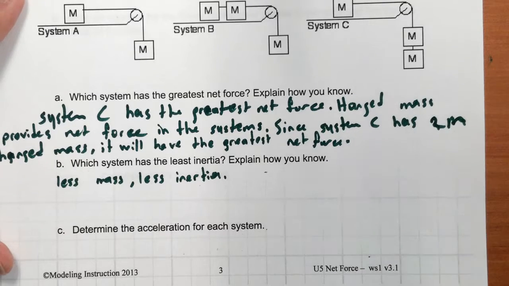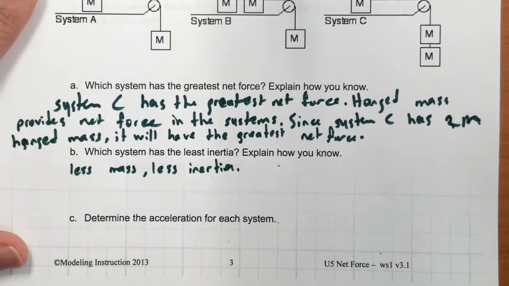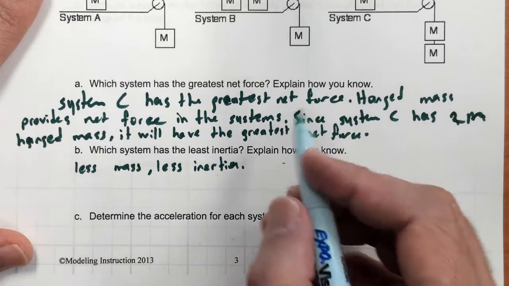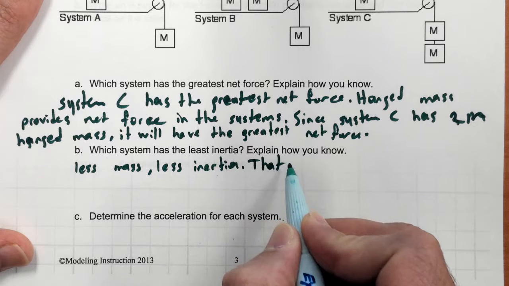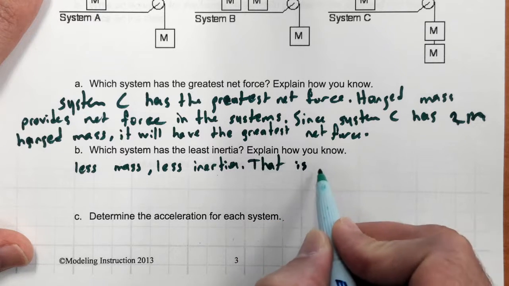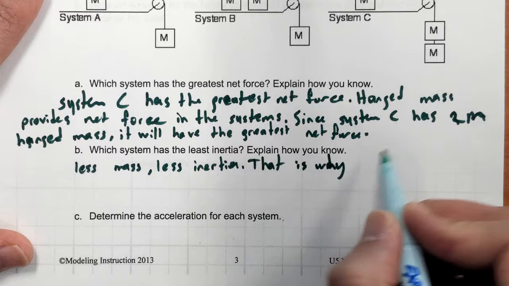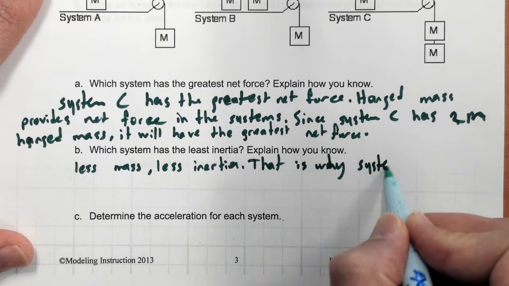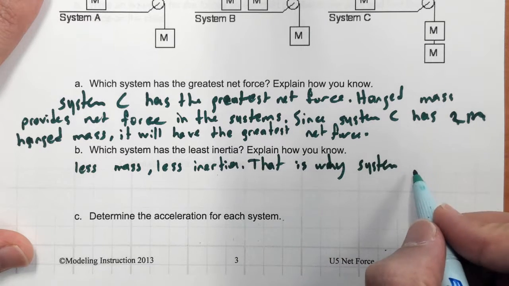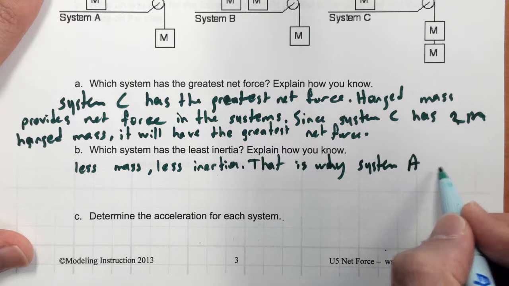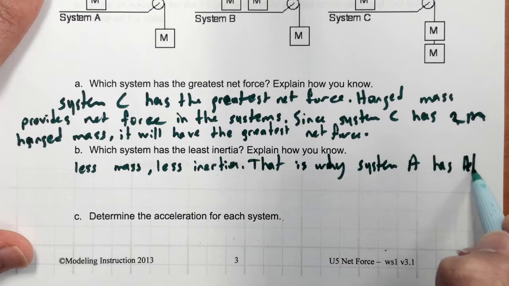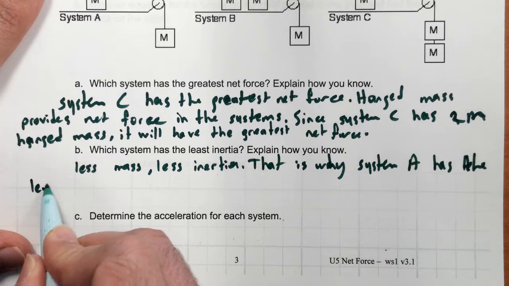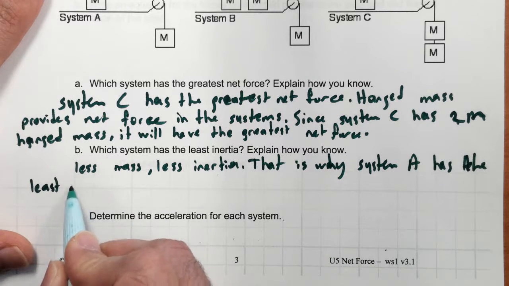So since system A has 2m masses, that's why system A has the least inertia.